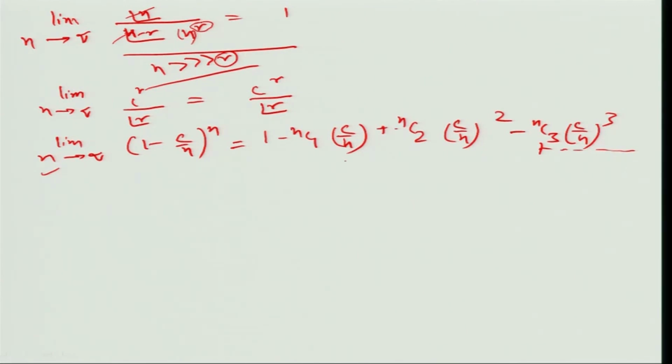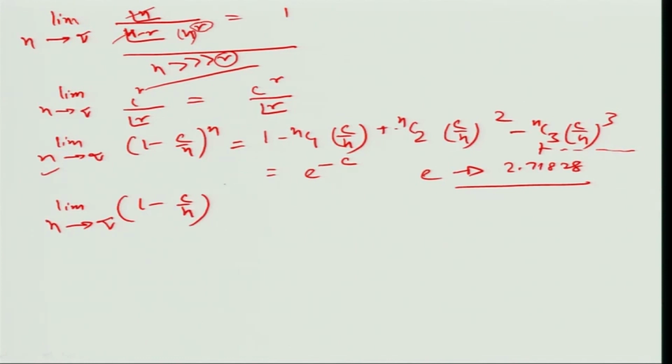In fact, this turns out to be e to the power of minus C, where the value of e is 2.71828. Similarly, for limit n tending to infinity, 1 minus C by n to the power of minus R is recorded as 1, because n being infinity, this part would obviously be 0, and therefore, R being small, this can be recorded as only 1.